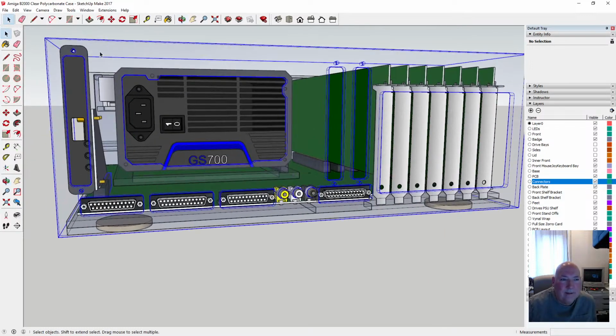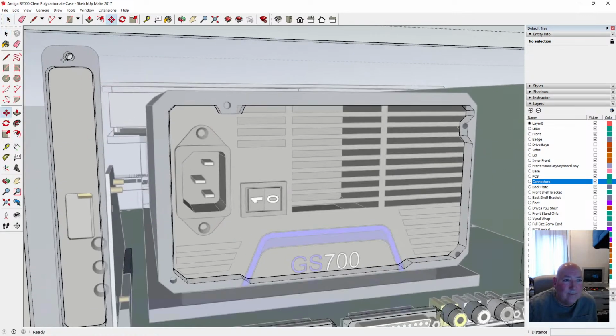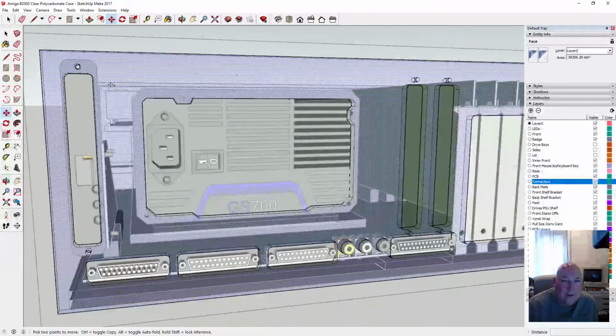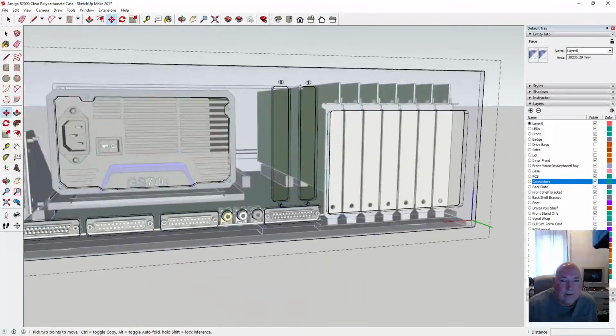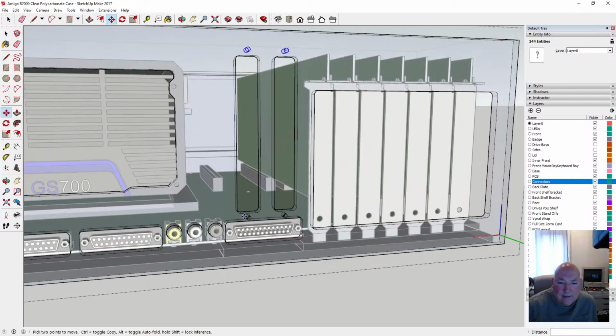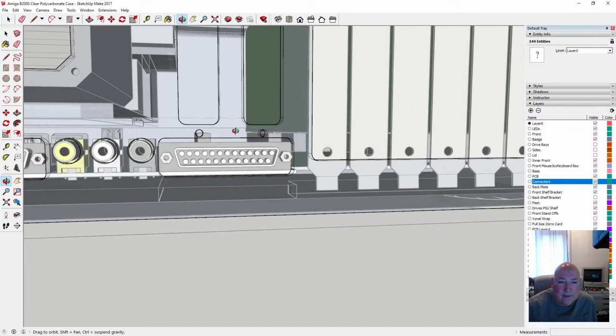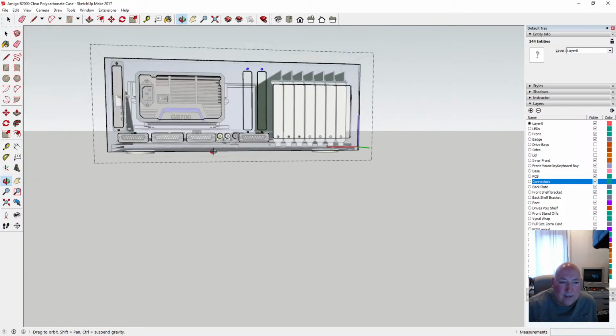So, let's find out how far this is up. Oh, them holes aren't quite right, are they? So, let's first alter these holes. They need to go up 0.5. And these need to come down 0.5, I believe, yeah. Although I haven't got the space for them yet, hang on.